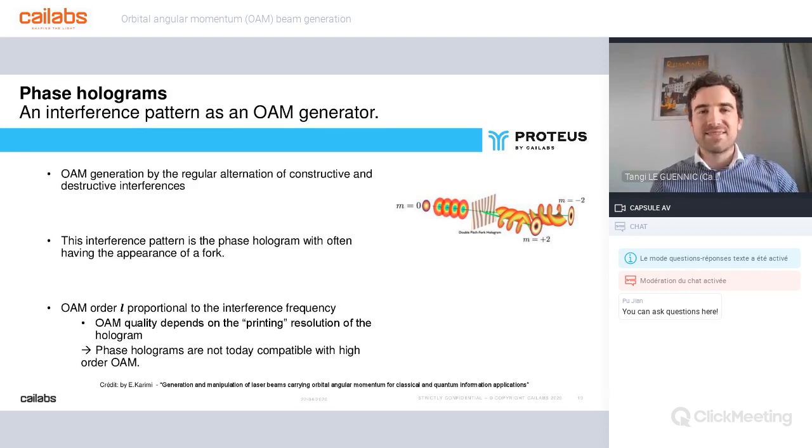But this beam quality tends to decrease strongly for higher order OAMs. This is because the OAM order is directly proportional to the frequency of the interferences, and the limit is the way to print very fine, high-resolution holograms. Moreover, from an energetic point of view, this type of grating, once illuminated, generates 3 output beams, of which only one is useful to us.